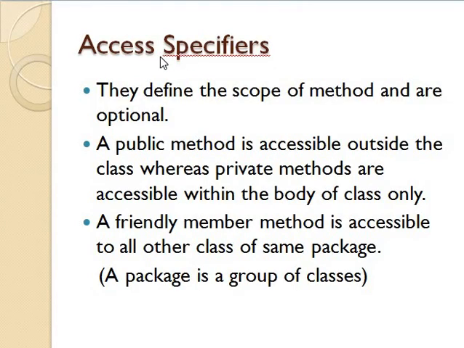Now let's come to the next topic, which is the access specifiers. The access specifiers define the scope of the method and are optional. A public method is accessible outside the class, whereas private methods are accessible within the body of the class only.